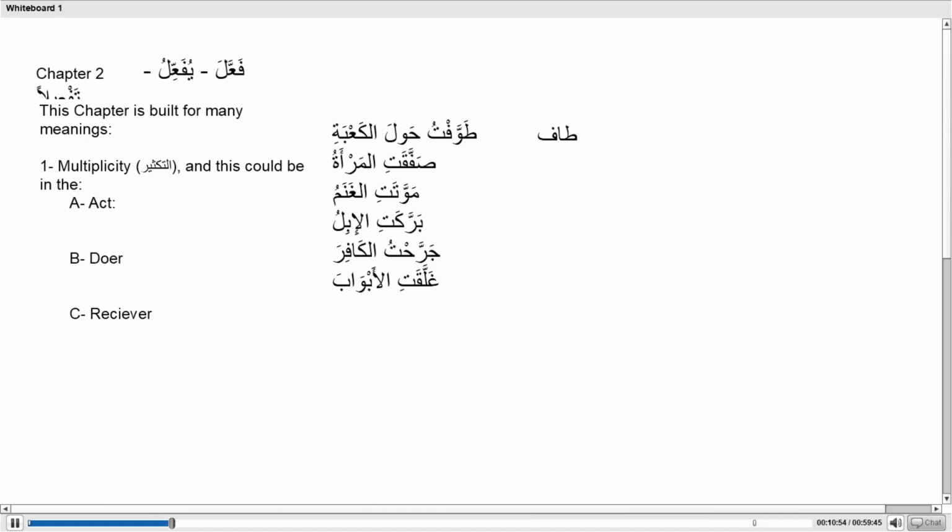The waw is doubled, so it comes back. واضح؟ طوفت means that you have circumambulated many times around the Kaaba. Yes. واضح؟ Clear?